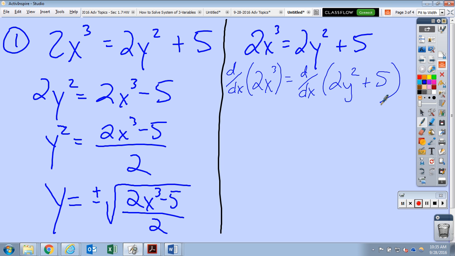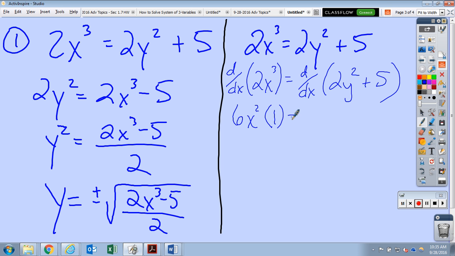Well, chain rule says we bring the 3 to the front, we have 6x squared, and then times the derivative of the inside, which is just 1, right? Why do you have to do chain rule? Because technically you always do. When I say chain rule, that means the same thing to me as power rule. Okay, so we can call it power rule.